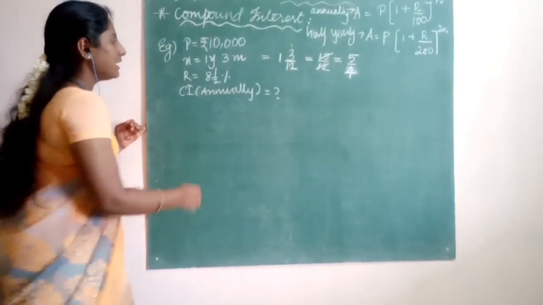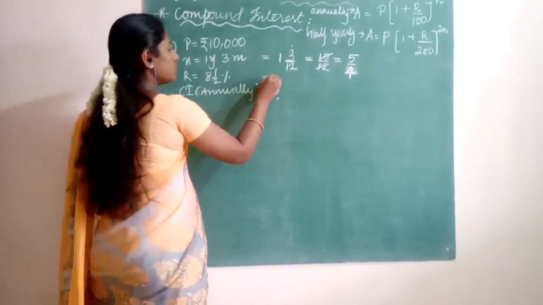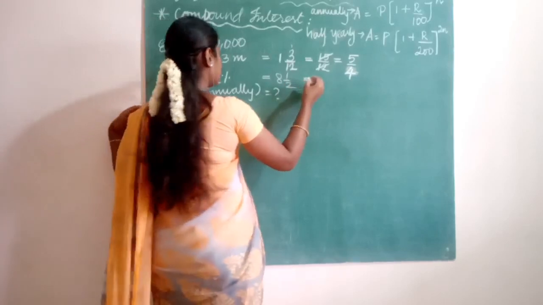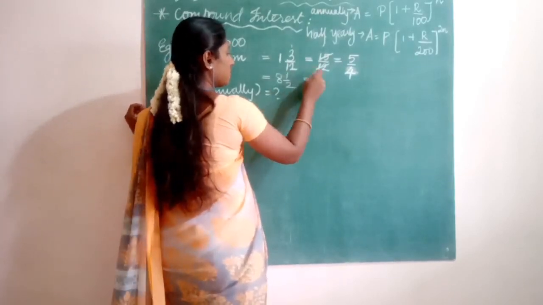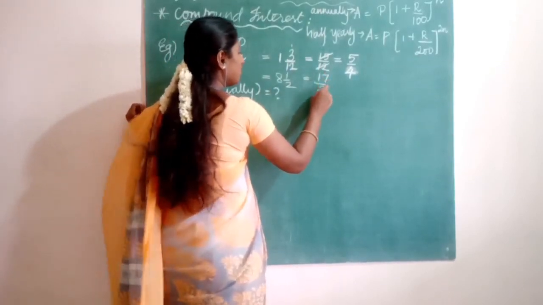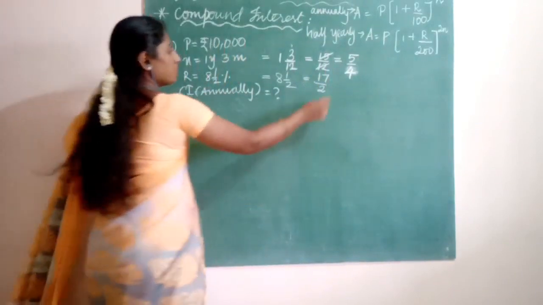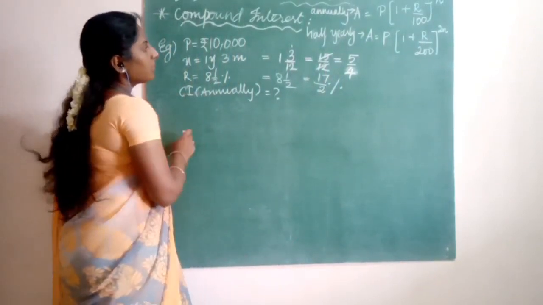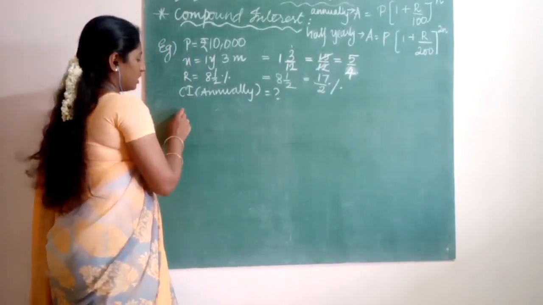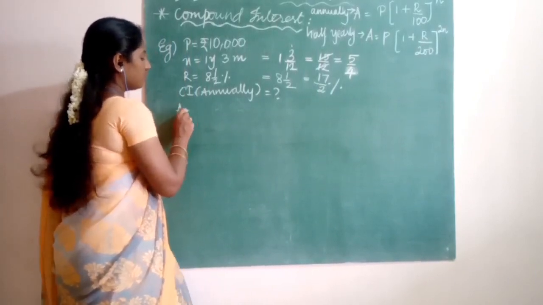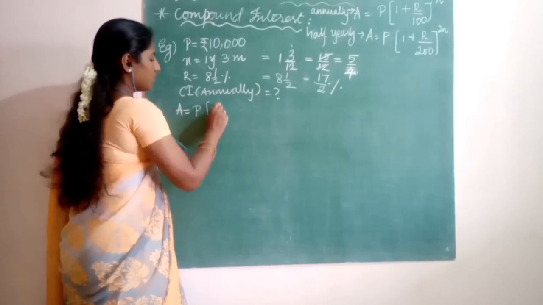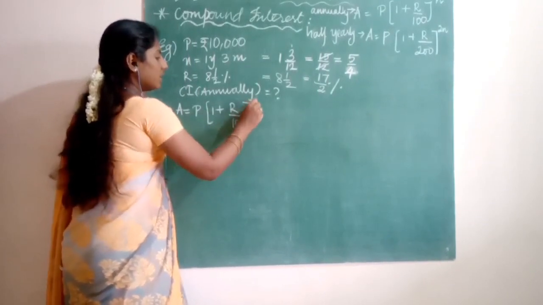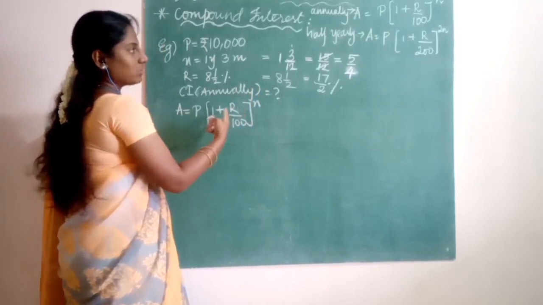Next you have rate of interest. For rate of interest you have 8 1 by 2 percentage. This also you can change into an improper fraction. 8 2s are 16, 16 plus 1, 17. So 17 by 2 percentage. So look here. We know the formula as P into 1 plus R by 100 whole power N. For annually you are calculating, so you have to use the first formula.